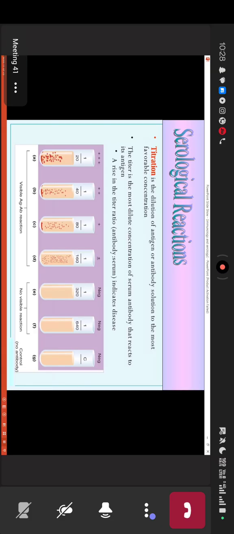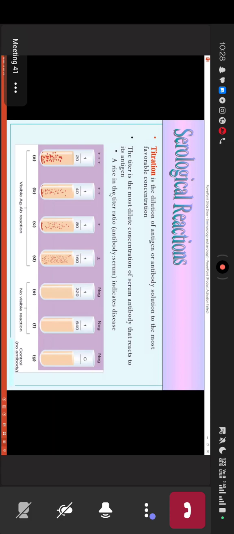If a person is having any type of disease, right, and you are using one part of the antigen and one part of the serum, then when you transfer this, it will become 1:40, and from this tube you will transfer to the next tube, and then next, and then next.